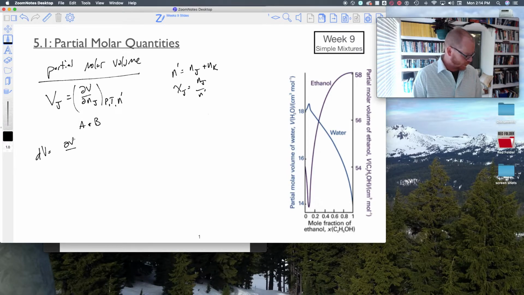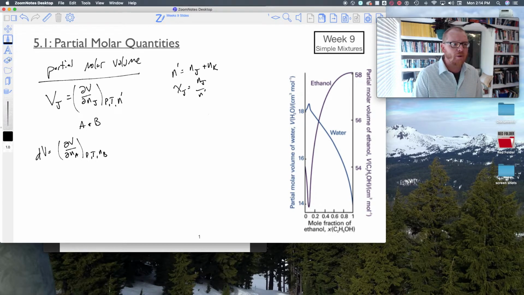So the partial volume of species A with P, T, and N_B, of course, being held constant.